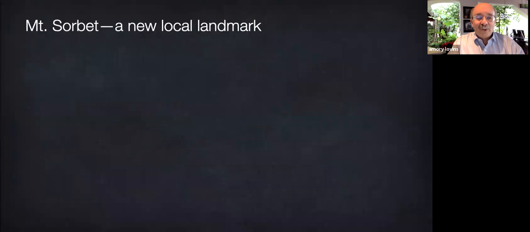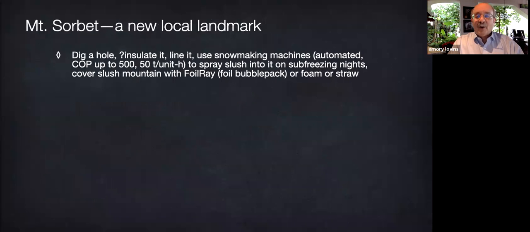Now, we therefore suggested a new local landmark called Mount Sorbet. You dig a hole, you insulate it a bit if you really want to, but that's not necessary. You line it with a membrane or with natural Siberian biopolymer called clay, gley, that you can make anywhere. Then you use roughly COP 500 snowmaking machines, buy a third-hand one, to spray slush into it on a few sub-freezing nights each year.